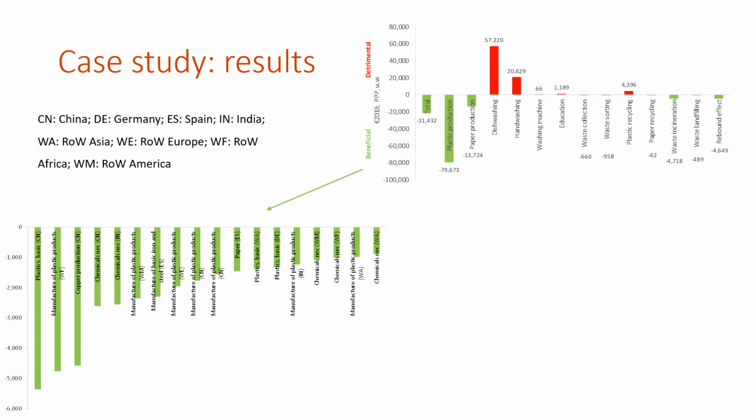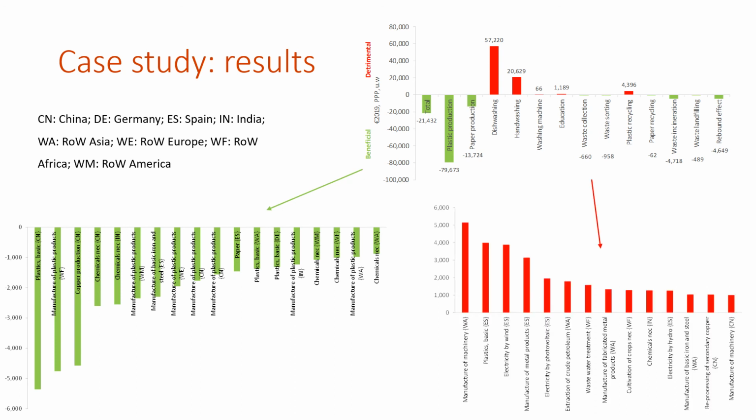And if we look instead at those activities that have an increased social impact in the campaign scenario, we see that they take place mainly in the rest of the world region of Asia and in Spain. Many of these activities are related to the manufacture of the dishwashing equipment.